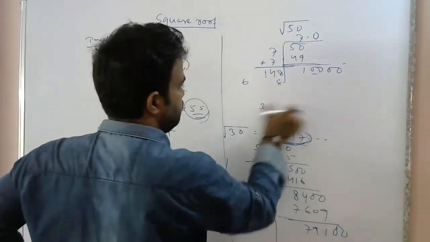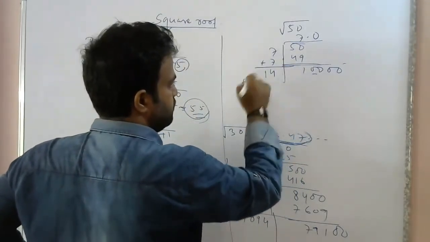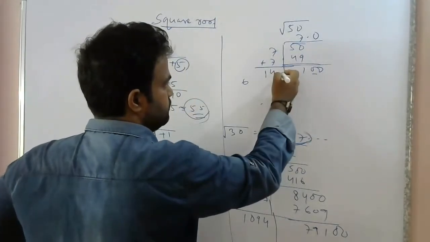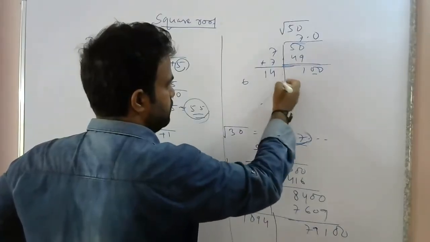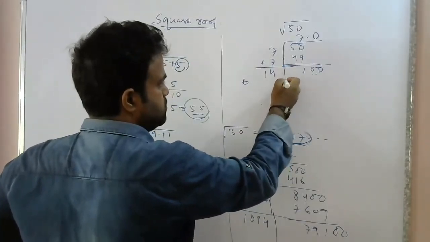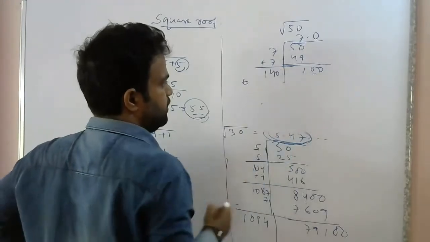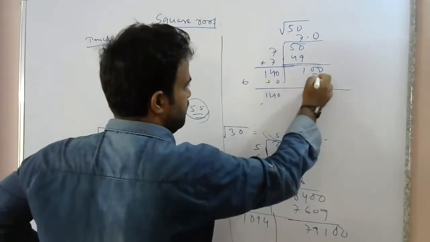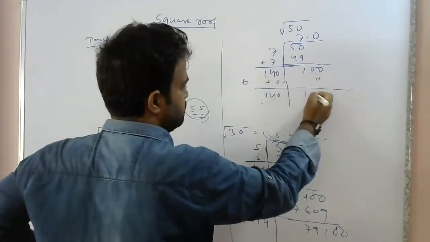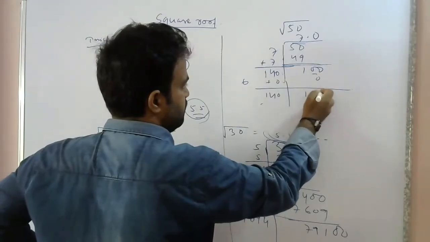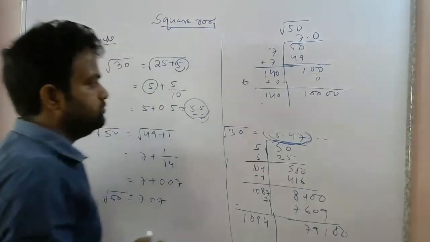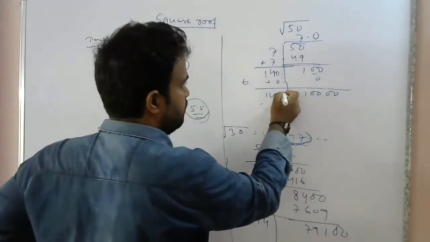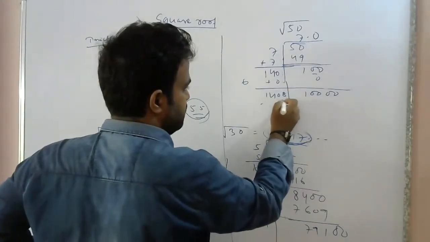Acha. So what you can do, this is 140 plus 0. So this is 140 will come. This step is 100, then 00. So you can do like this. Now let's say 8.